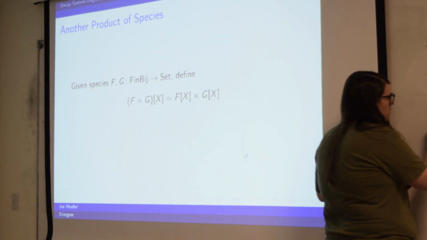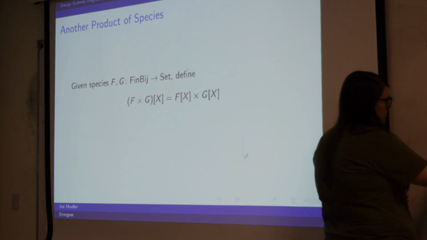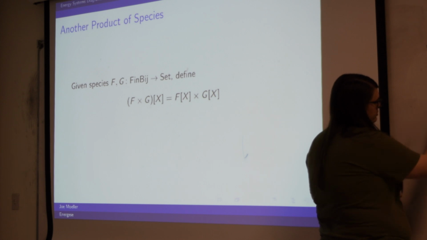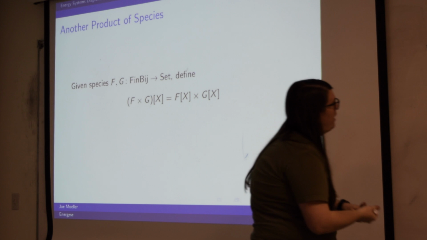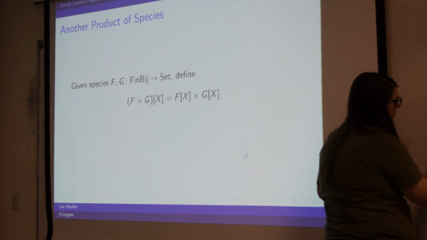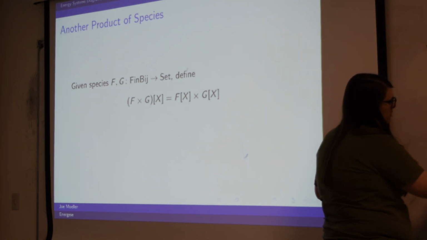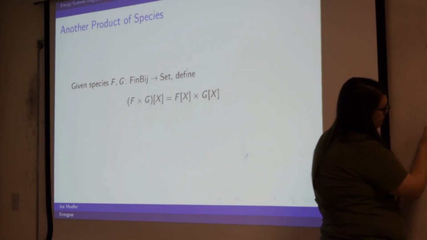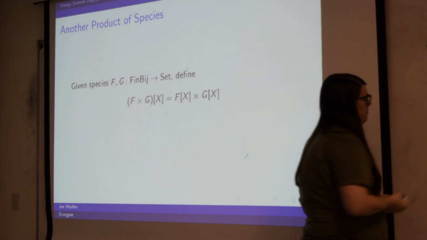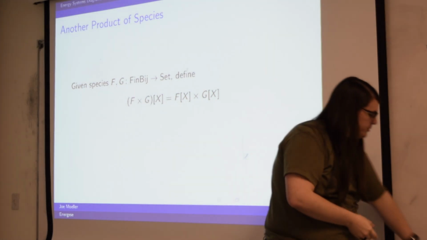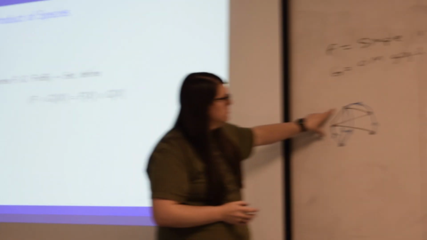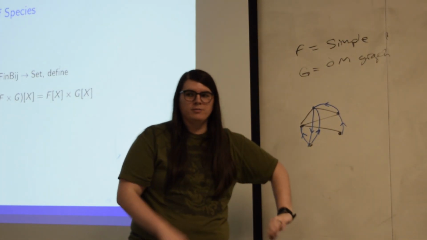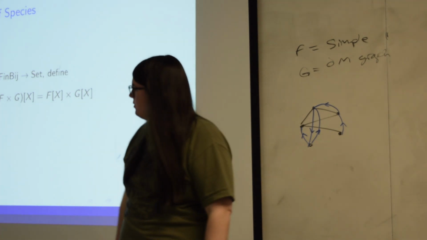So you just have a simple graph on it, and then you just also have a directed multigraph. So you're putting multiple structures on the same thing. Now you're saying, this is my new structure. It's putting both of these structures on it at the same time. So that produces a new thing.